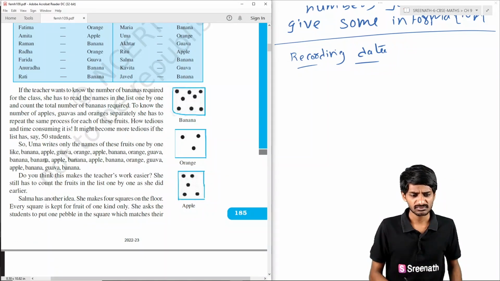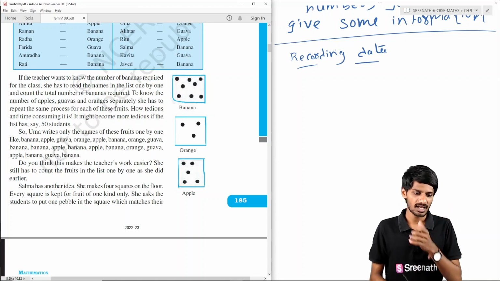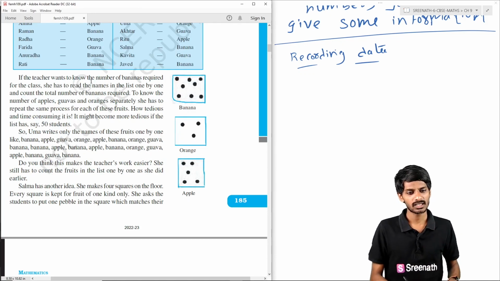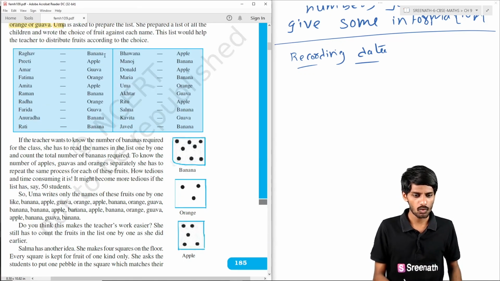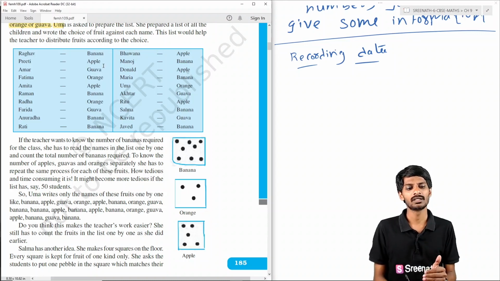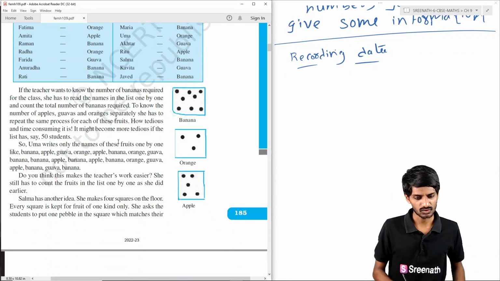So Uma writes only the names of the fruits one by one: banana, apple, guava, orange, apple, banana. She didn't write the names. If Raghav wants banana, first banana, next apple for Preeti. If Amar wants guava, next guava, orange, apple, like that. The list is like that, students.